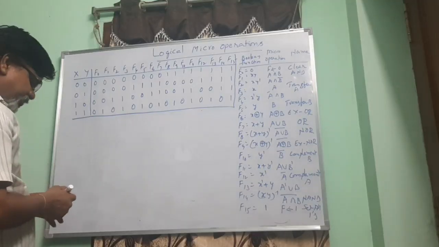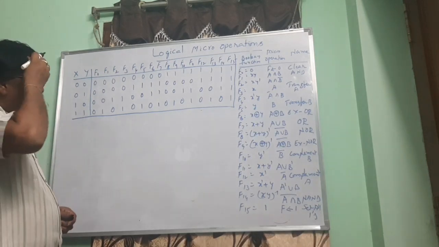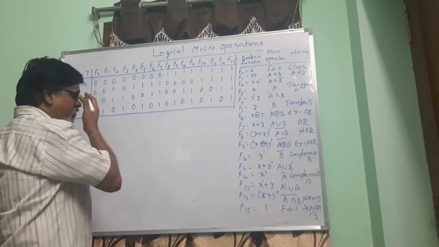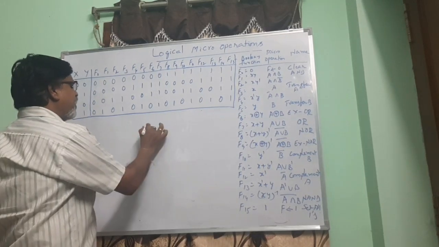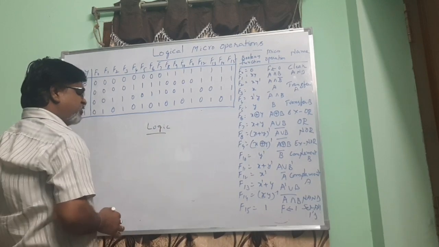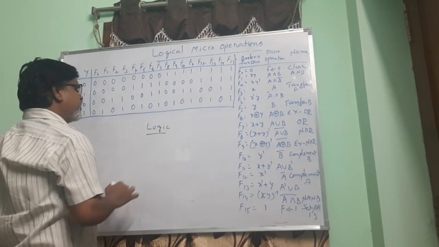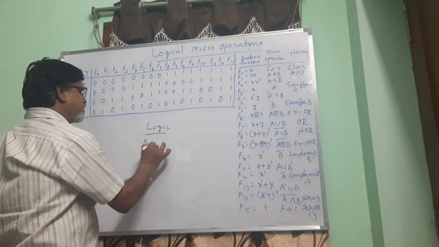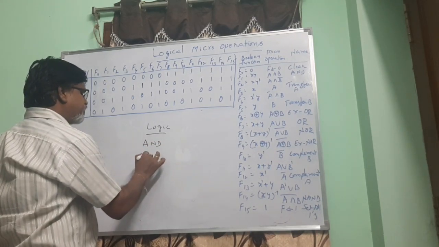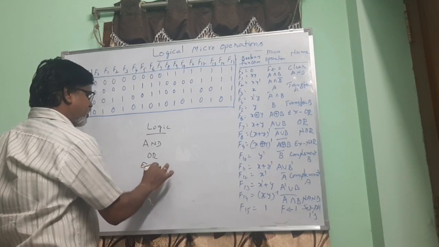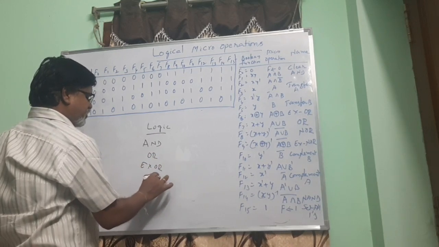Okay, my dear students, let us see the second type of micro operations, which are logical micro operations. Among these, the 4 basic micro operations are AND, OR, XOR, and NOT.